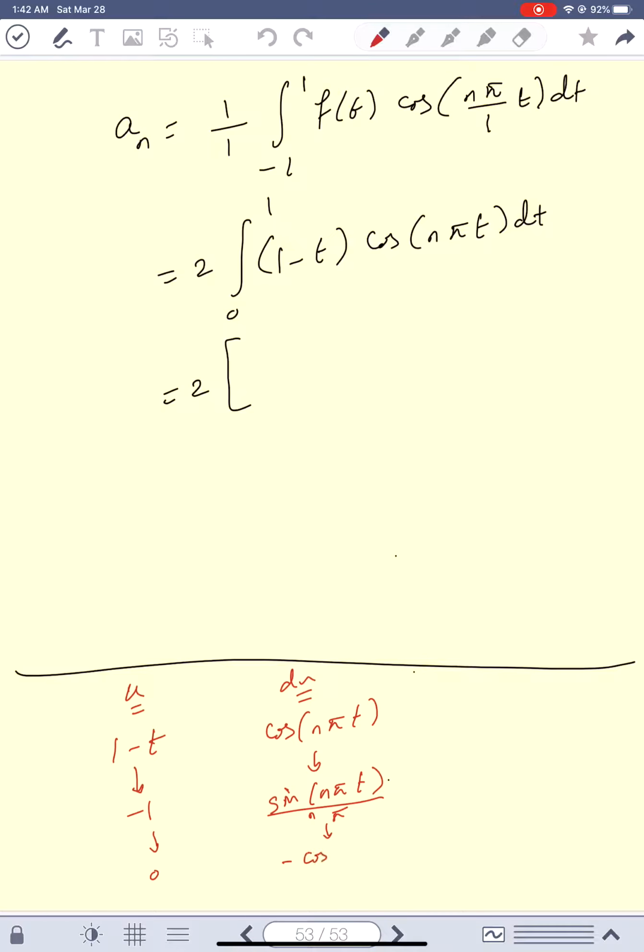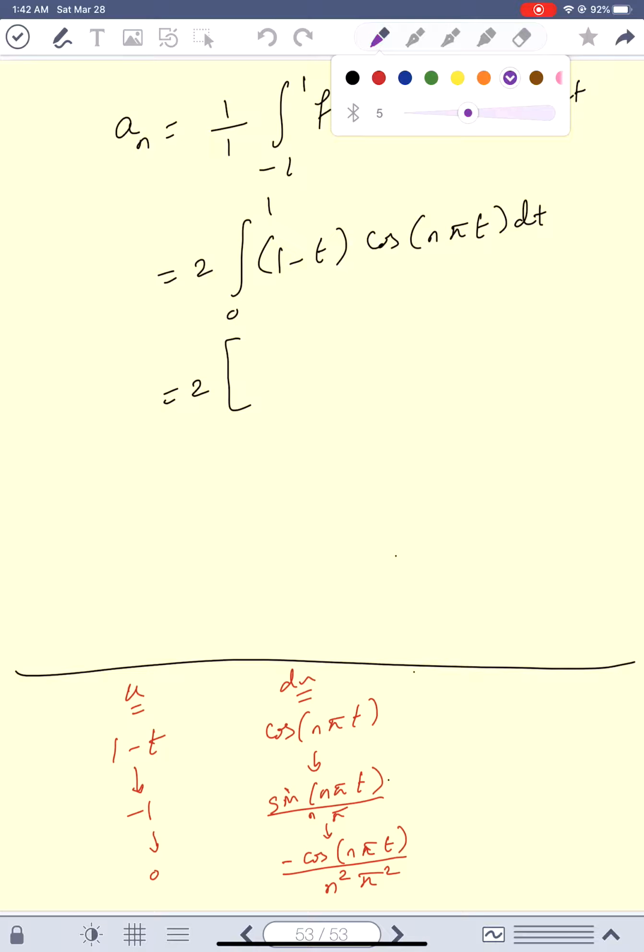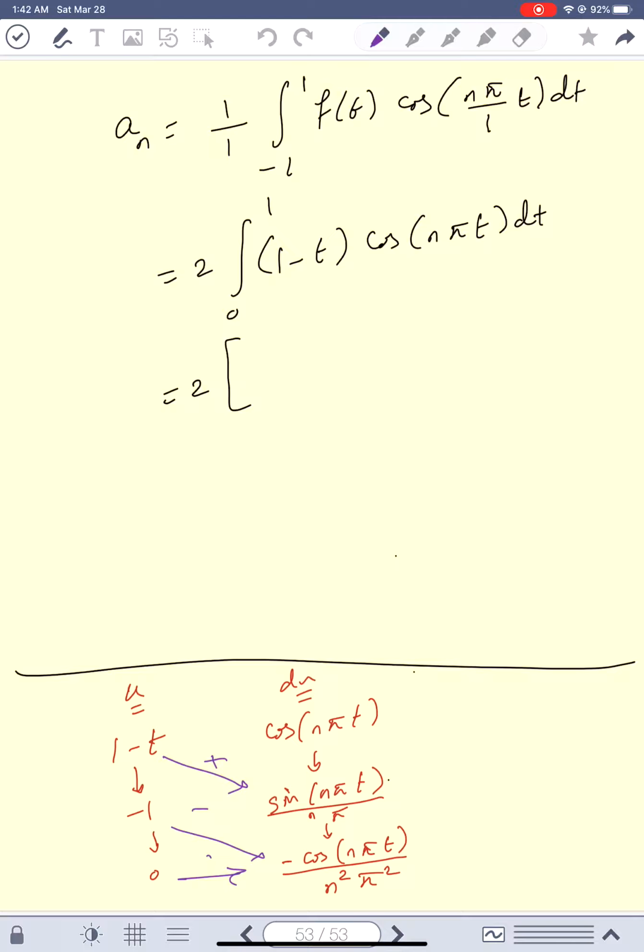So this is negative cosine(n pi t) over n squared pi squared. Then you have plus, minus, plus. I don't need to put too much effort into explaining why I'm not writing the sign terms: if you write them and plug in the limits, you will get 0. So I'm not writing them.